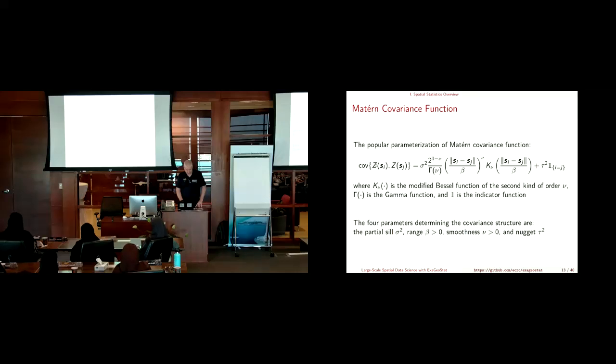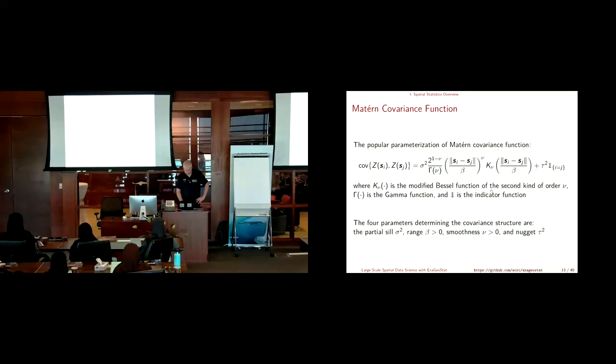It says that the covariance of the variable Z at location Si and Z at another location Sj is described by this function. You see that it depends on the norm of Si minus Sj here and here. So it depends on the distance between the two locations. It involves a Bessel function, which is a bit complicated, and some other quantities.